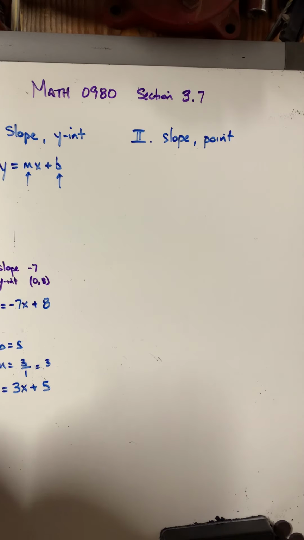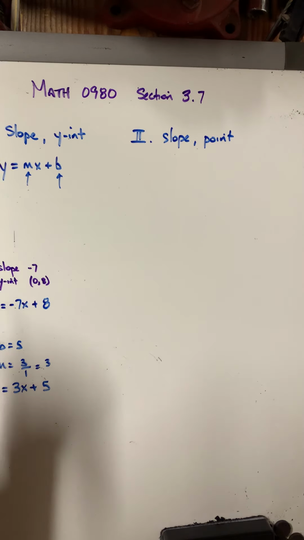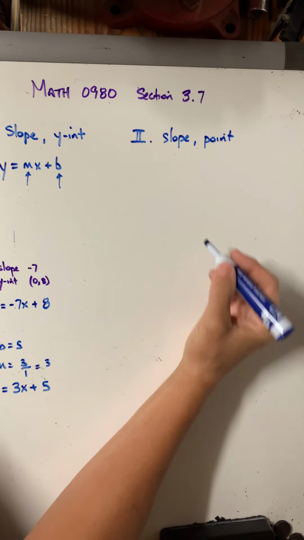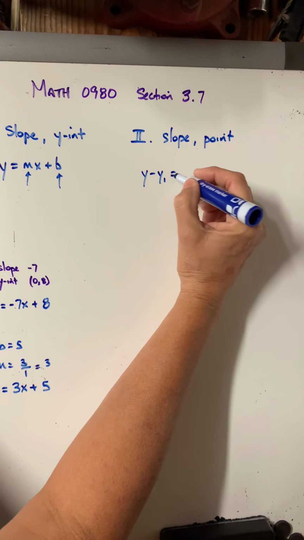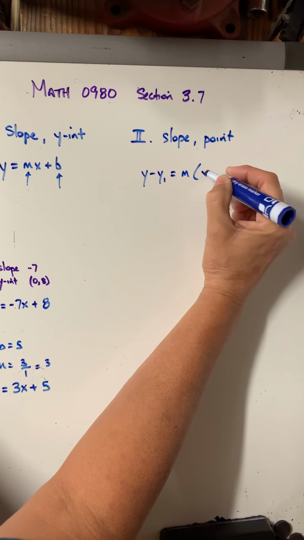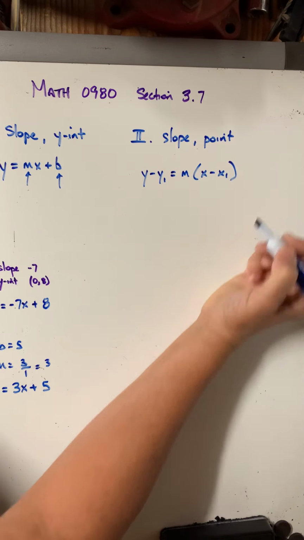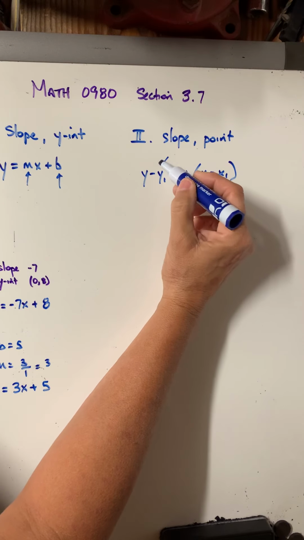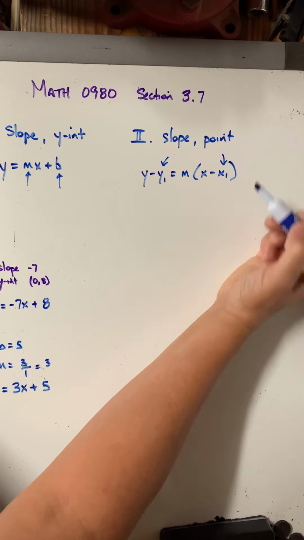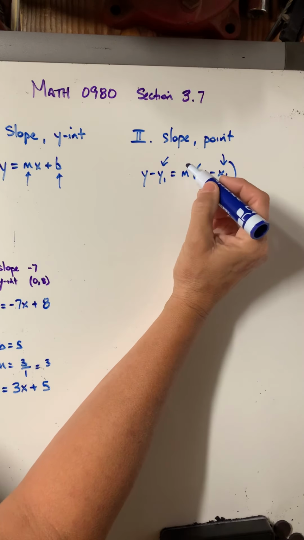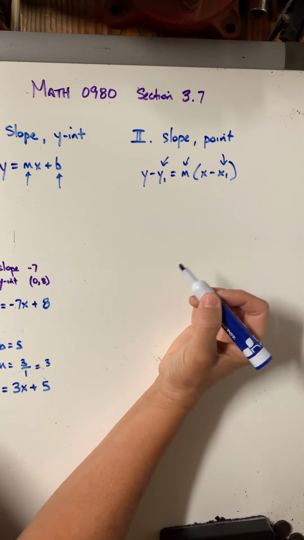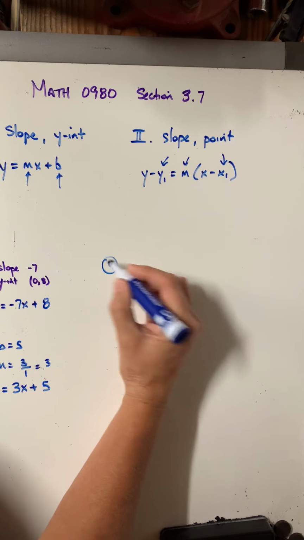And for this, what you're going to want to do is use the point slope formula, which goes like this: y minus y sub 1 equals m times x minus x sub 1. We would substitute the point x and y there for where the sub 1's are, and we would put the slope at the m. So let's look at question number 4.